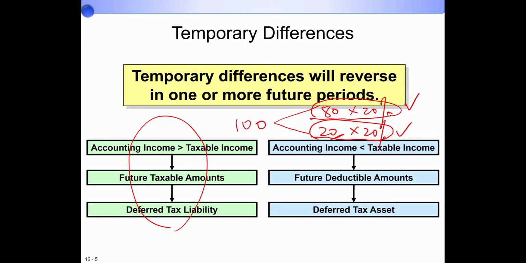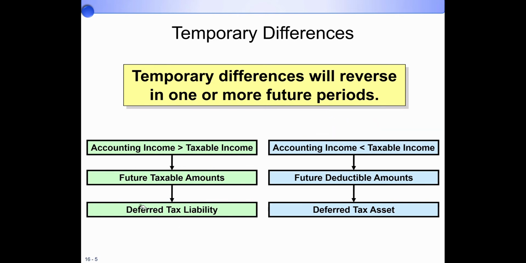Let's talk about these issues here, this part. Accounting income is less than taxable income. Let's say accounting income is 100, but taxable income is 120. Accounting income is 100, taxable income is 120.